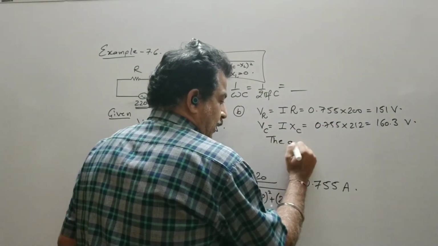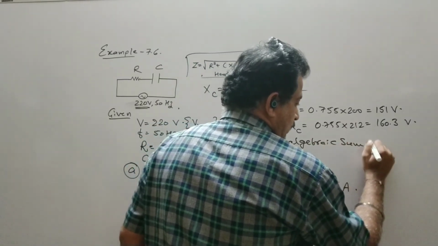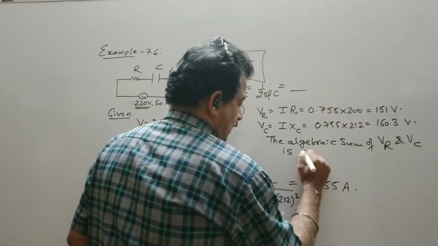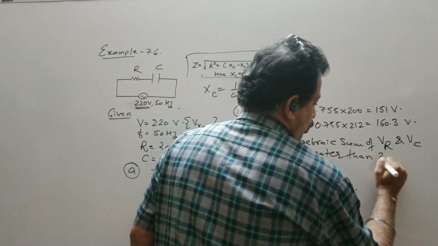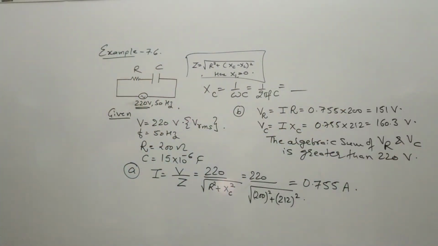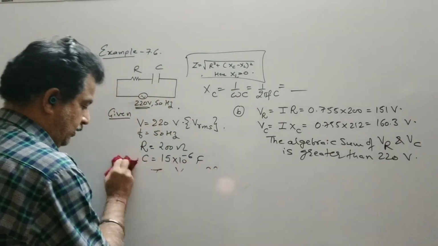The algebraic sum of VR and VC is greater than 220 volt. Now this is because the phase difference between the voltages is different.